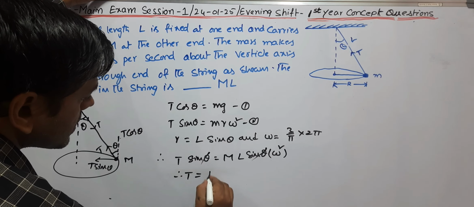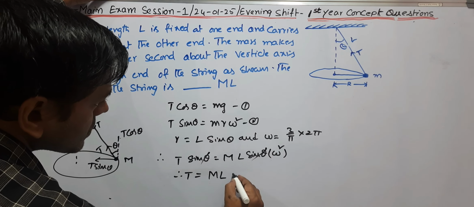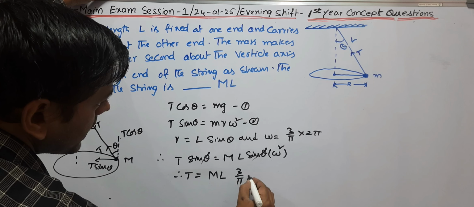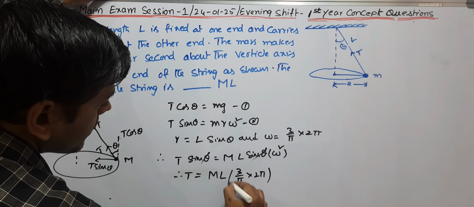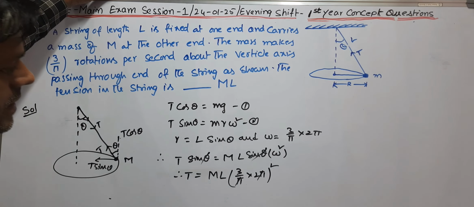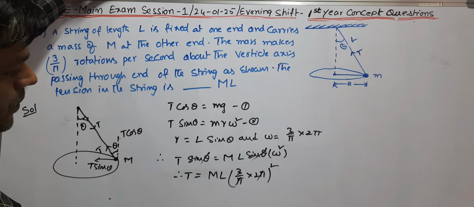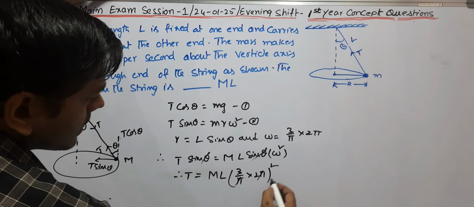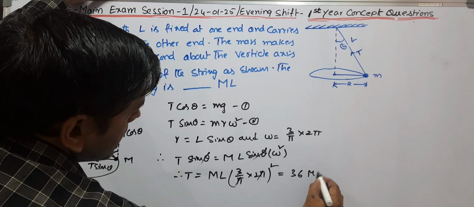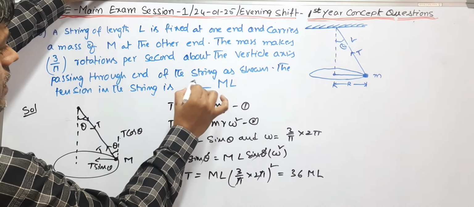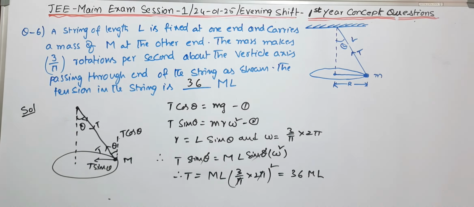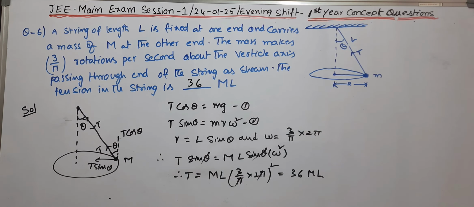Therefore T is equal to m L omega square, where omega is 3 by pi into 2 pi, whole square. This pi is cancelled, so 36, that means 36 mL. So in this question the answer is 36 mL. Okay, that is it.